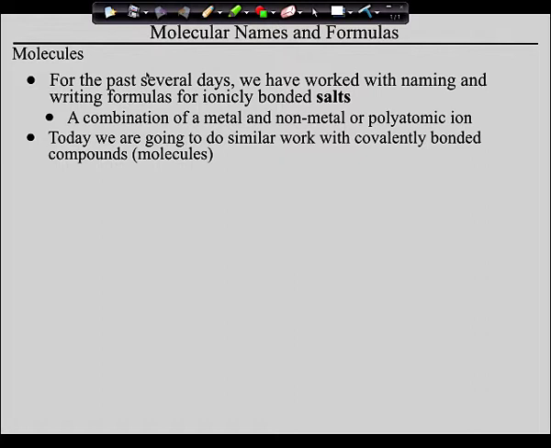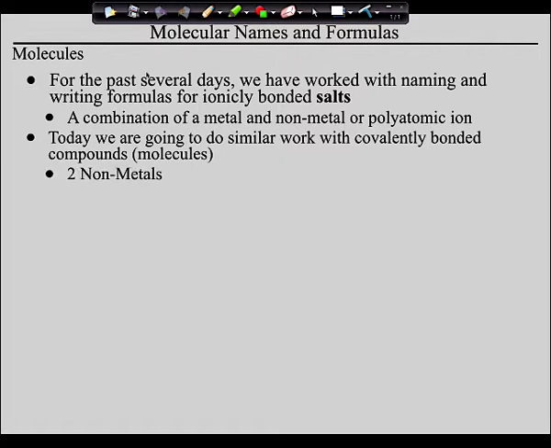There's no parentheses. This is a completely different, unrelated system. The only thing that's the same is change the ending to the last substance and add IDE. That is the only thing that is the same between working with salts and working with molecules.